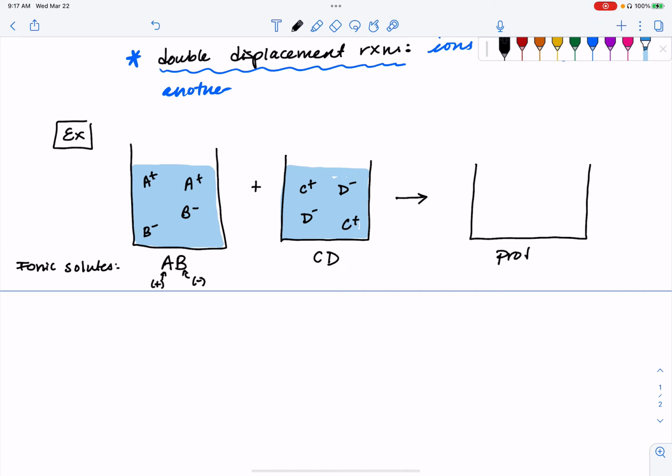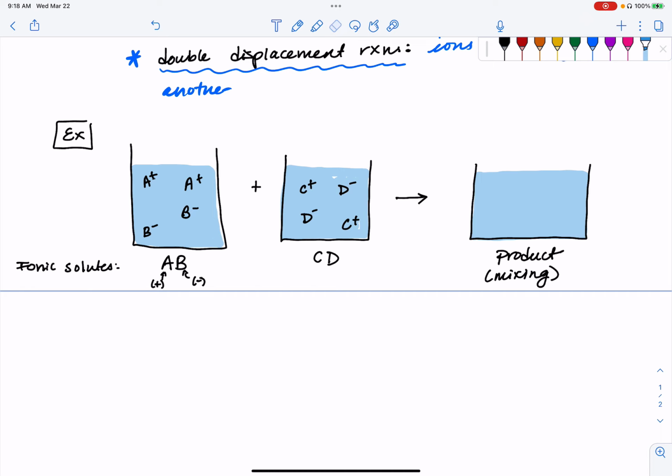So if I were to look at the product beaker, which is the result of mixing each of these solutions, we would be looking at what would happen between our ions, A plus, B minus, and C plus, D minus.